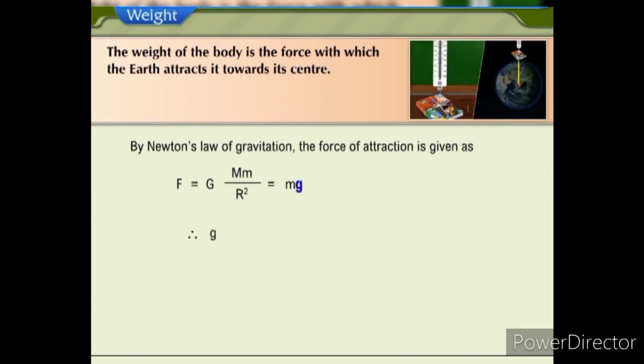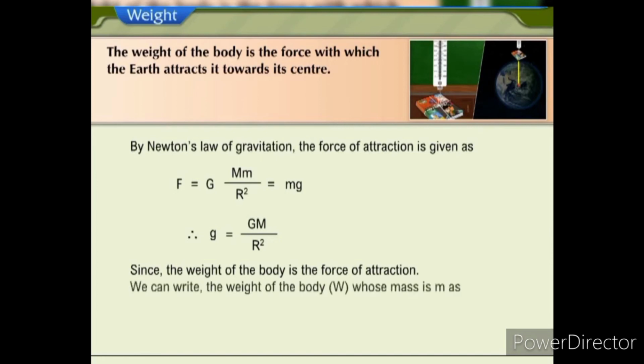Hence, g is equal to GM upon R square. Since the weight of the body is the force of attraction, we can write the weight of the body, W, whose mass is m, as W is equal to mg.